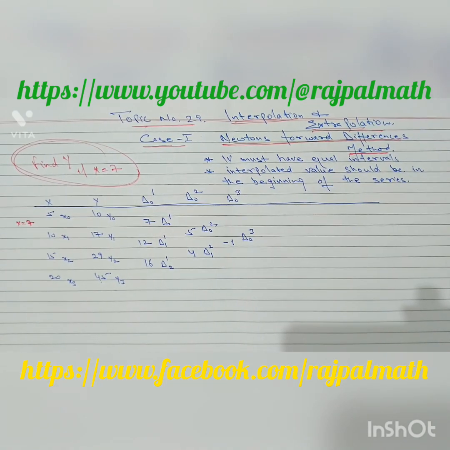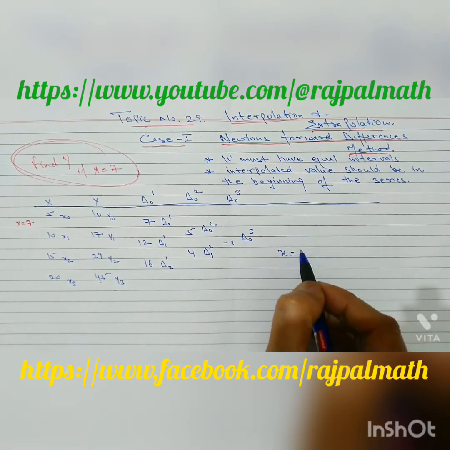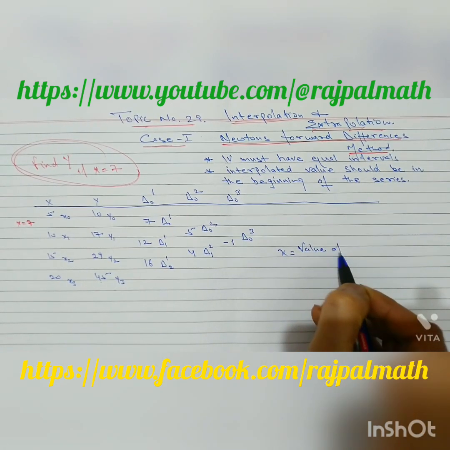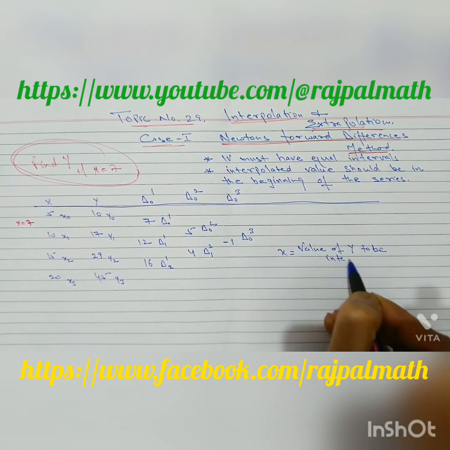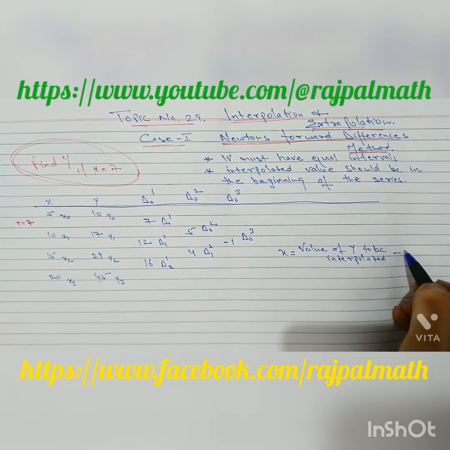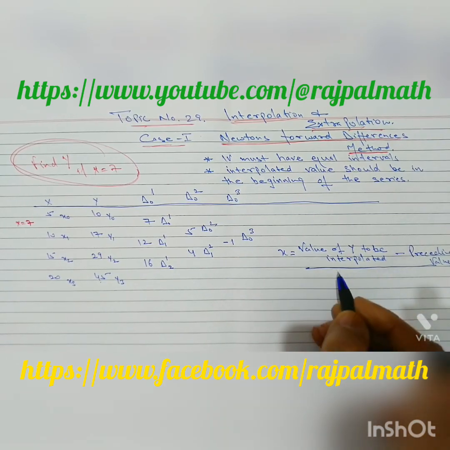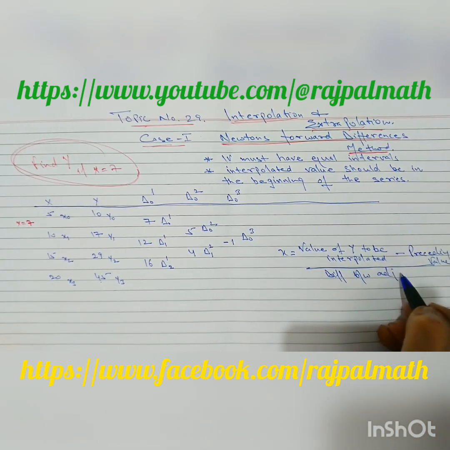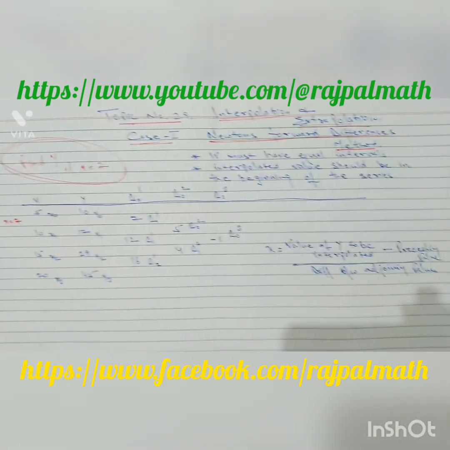Now first calculate the value of x. x equals the value of y to be interpolated minus the preceding value, divided by the difference between adjoining values. Clear?